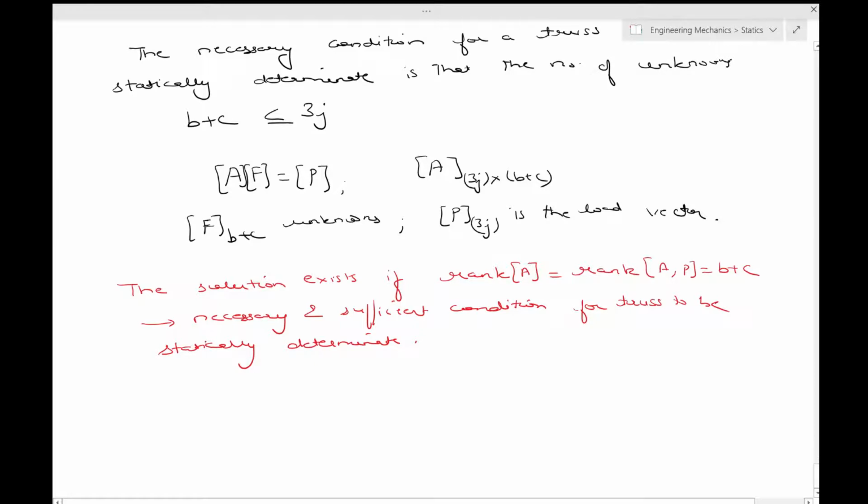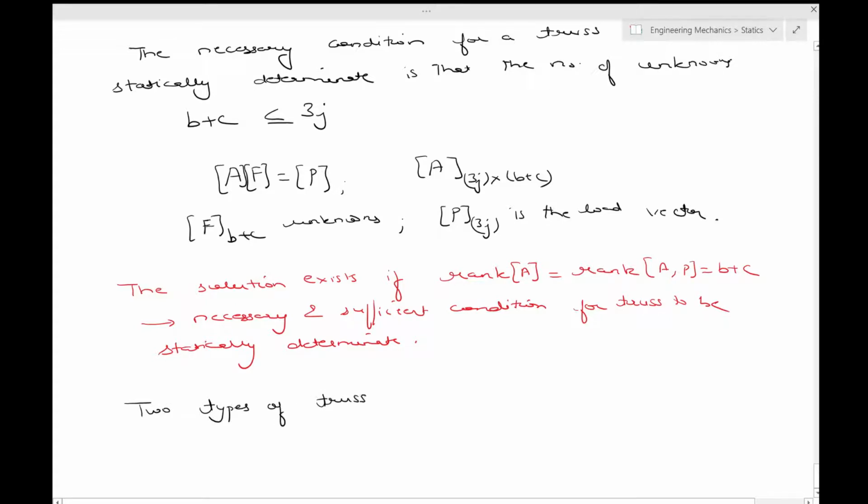So just based on this number n, if you remember, it is the difference between 3j and b plus c. So n is equal to 3j minus b minus c. Based on this number n, we have some classifications. Two types of trusses.